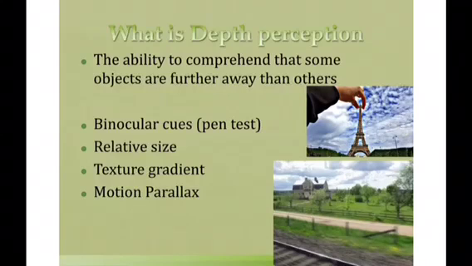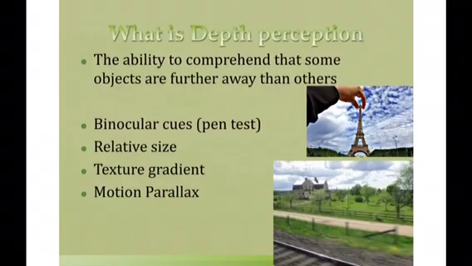There are binocular cues. You can use a pen test to see binocular cues and how our two eyes work together. Hold a pen up in front of your eyes at a close distance. Now look at the position of the pen in relation to its background, with one eye closed and then the other eye closed.